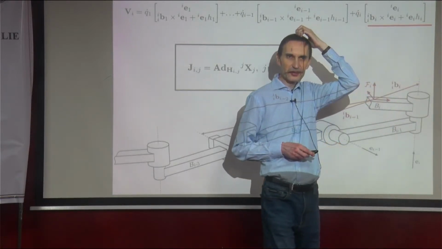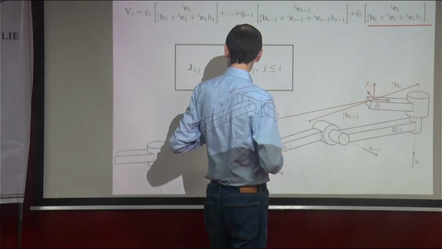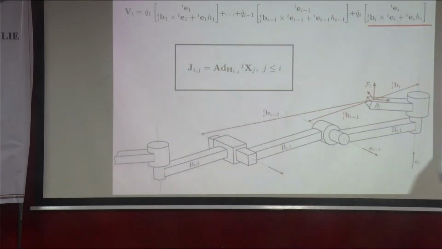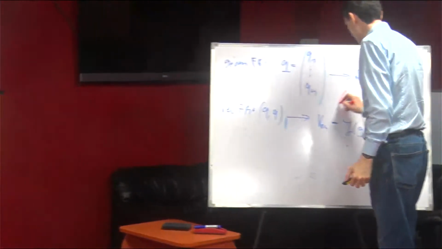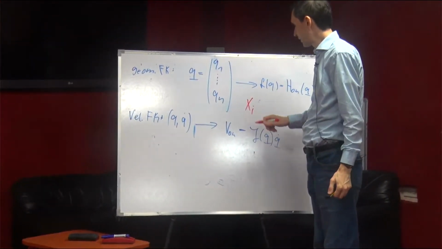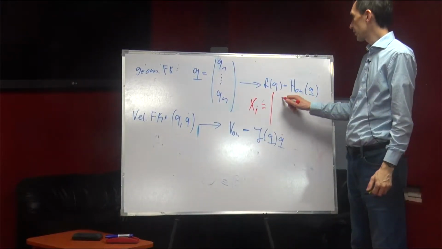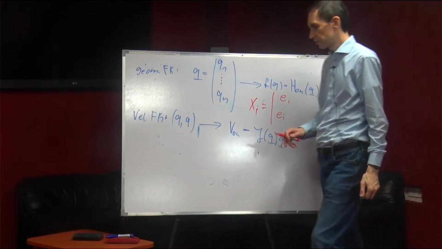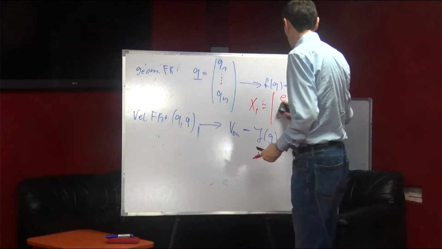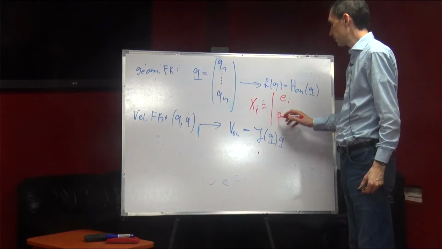I know, it's a lot to take in. What was XII? Maybe I should write it again to remind you, because it was before lunch, and lunch normally kills all the memory. If you have the screw coordinate of the joint I, how was it constructed? It was the unit vector EI, and then the cross product, XI cross product EI.